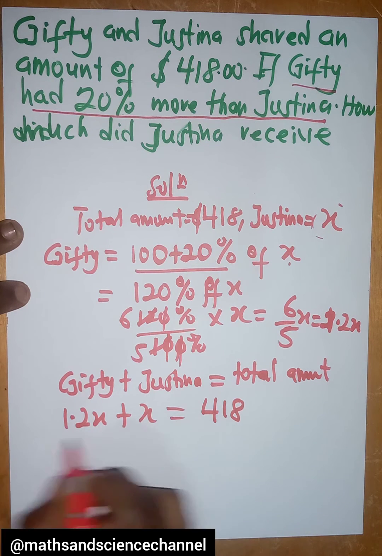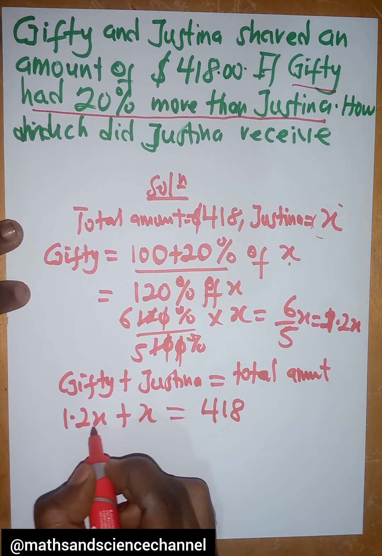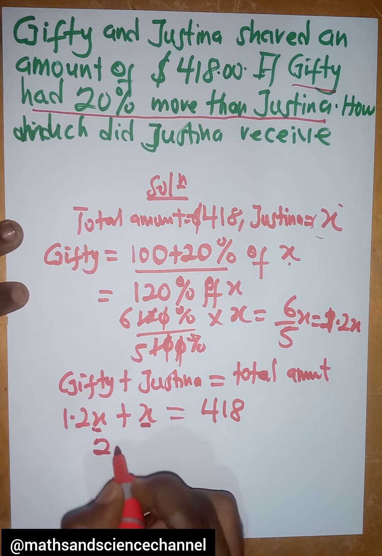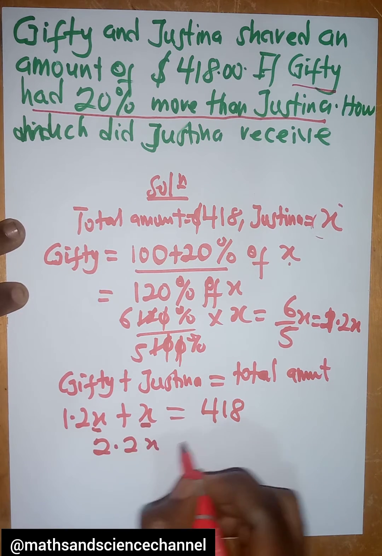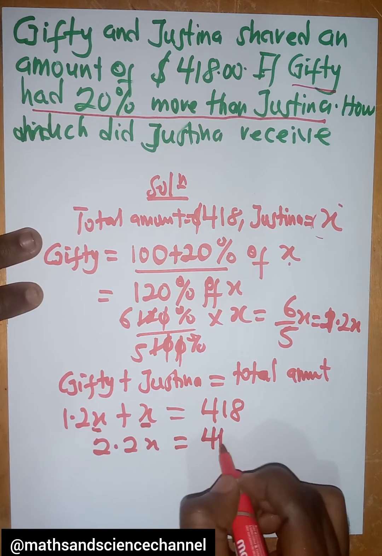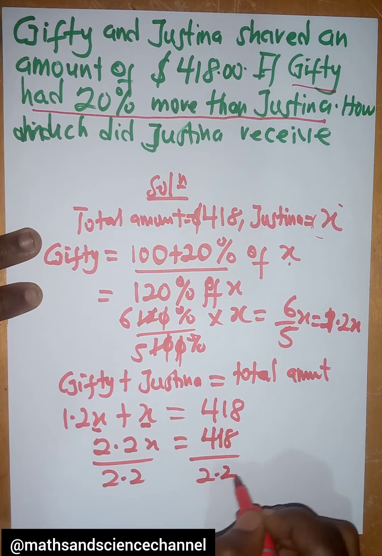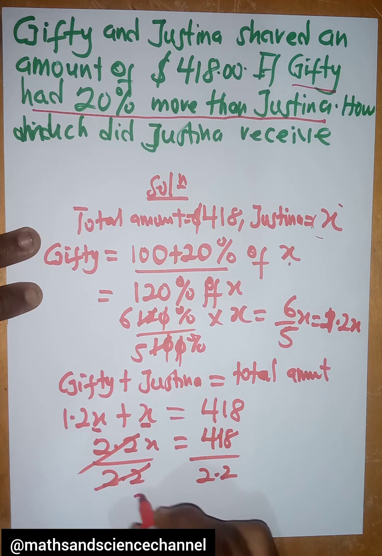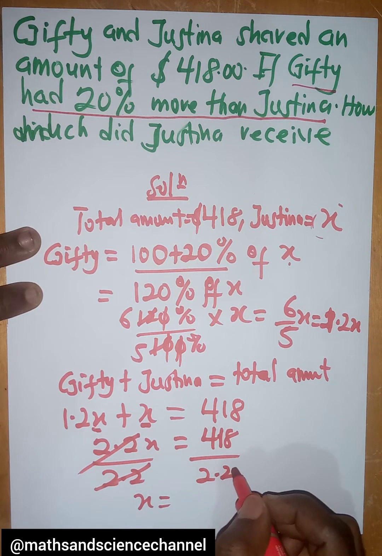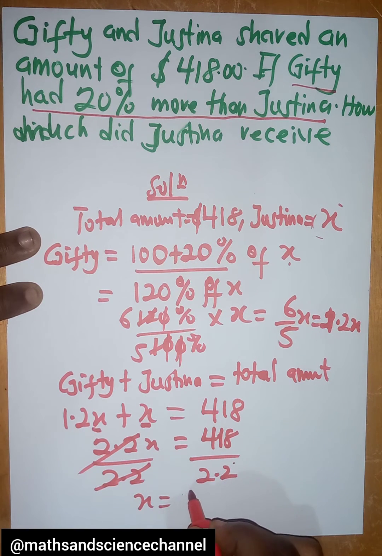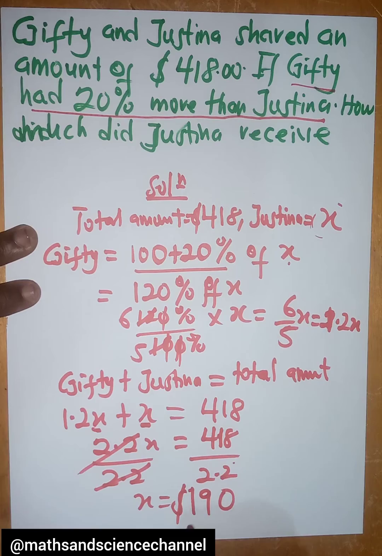Now from here we can go ahead and just sum them because they are like terms. So this gives us 2.2x equals 418. Now we divide here by 2.2, divide here by 2.2. This will cancel that, and we have x being equal to, when I divide this, $190.